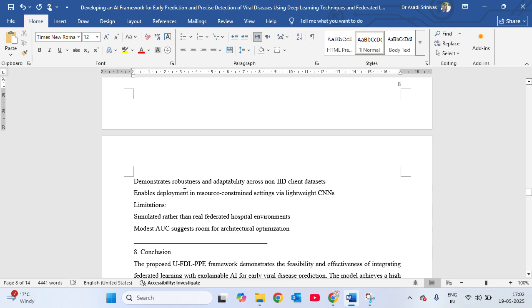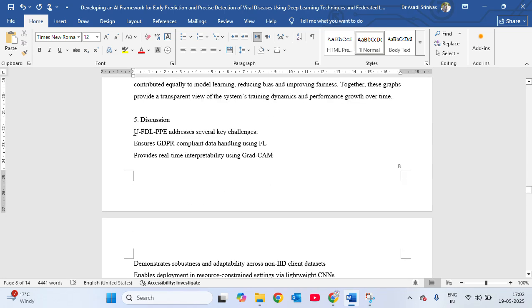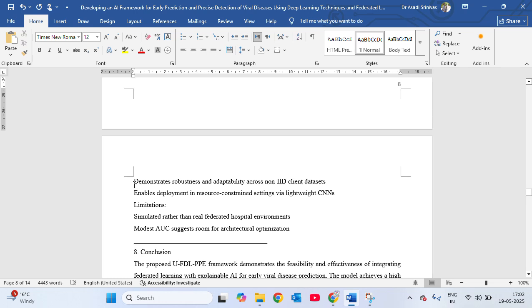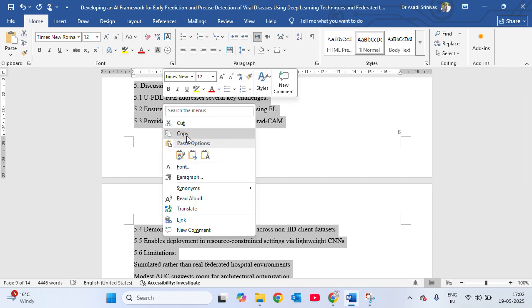So fifth side heading, last. So 5.1, 5.2, 5.3, 5.4, 5.5, 5.6.